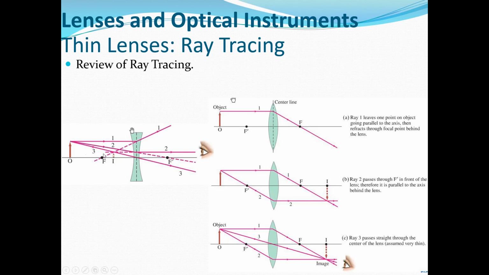We have to then backtrack it, and then one through the center. You can almost think of this as being like a mirror, where if you kind of treated it like that, you would sort of get a similar result. The only difference is you'd have to make sure that the line that's going through the focal point isn't going through this one, it's going through the other side.